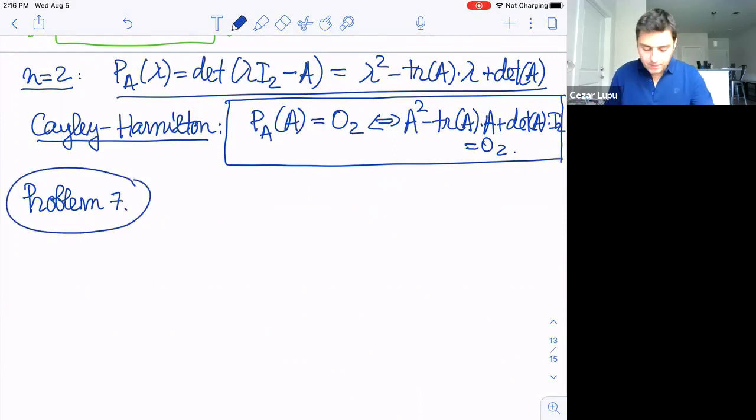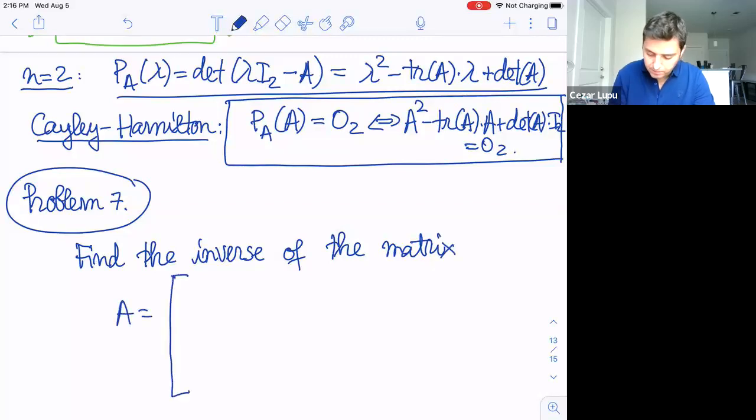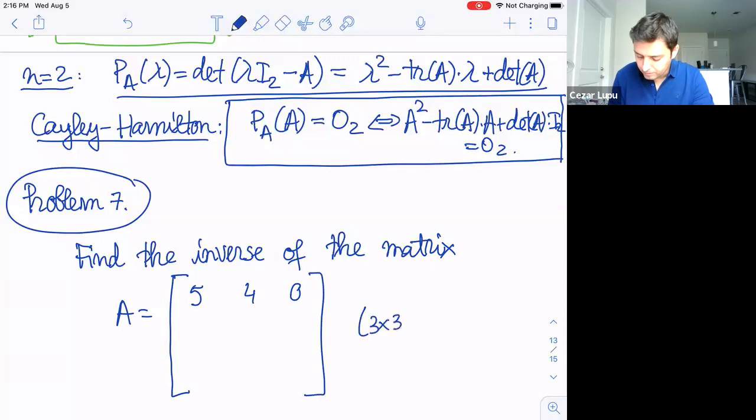Let's find the inverse of the matrix A equals, so I'm going to take a 3 by 3 matrix: 5, 4, 0, 1, 2, 0, 1, 2, 2.